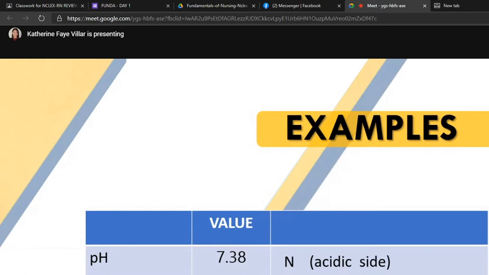Go, go, go. Respiratory alkaline. Hindi po.